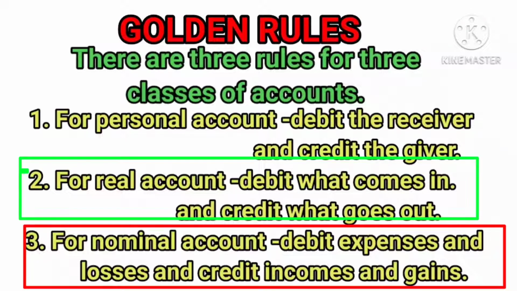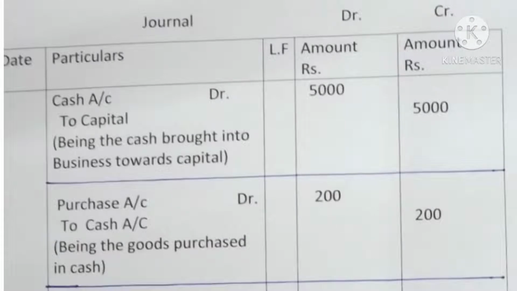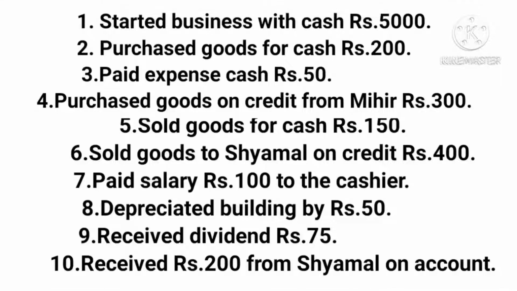Cash is a real account and cash account will be credited as cash going out. So we write purchase account debit 200 and to cash account credit 200, and narration will be being the goods purchased in cash.